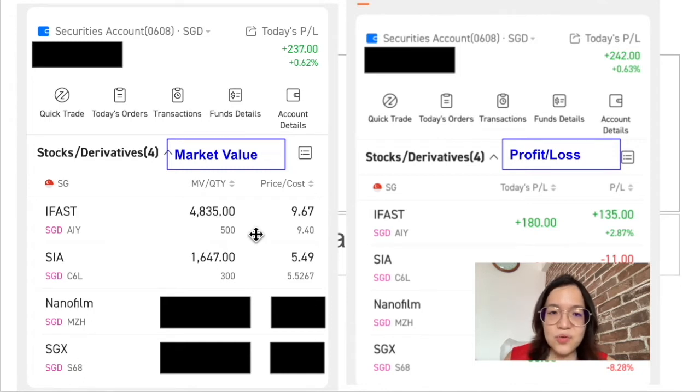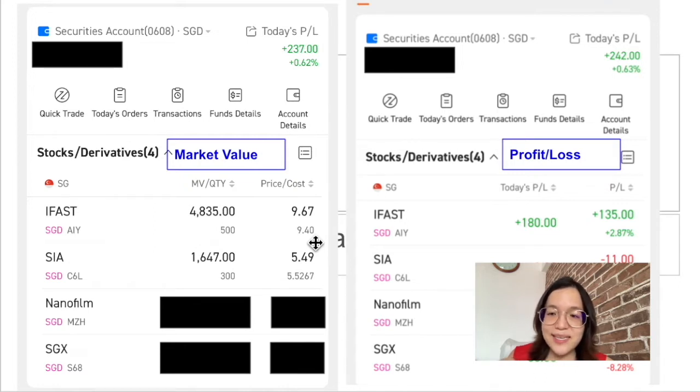Okay, so the price that I bought, right, the cost is 940. So you look at the smaller number, 940 is the price that I bought, right? But of course, if let's say you purchase it at an even cheaper price, they will just take the average.